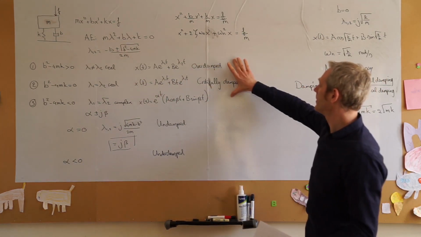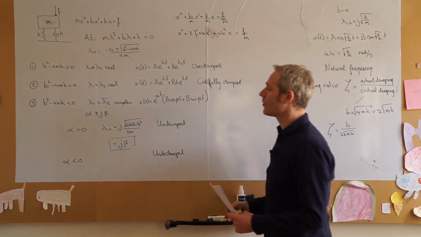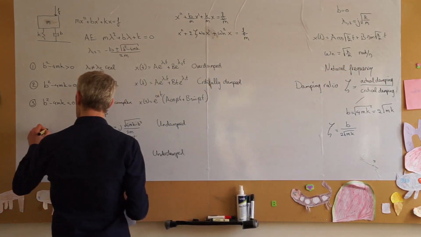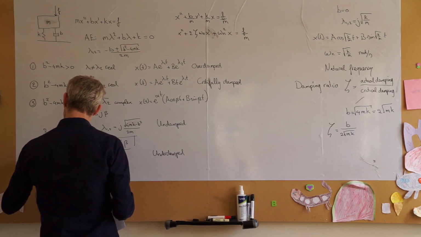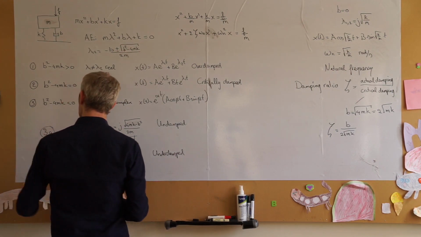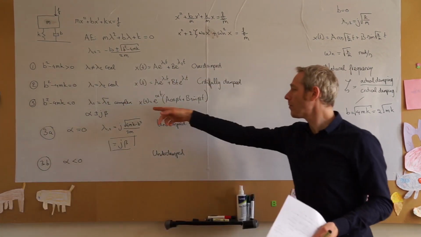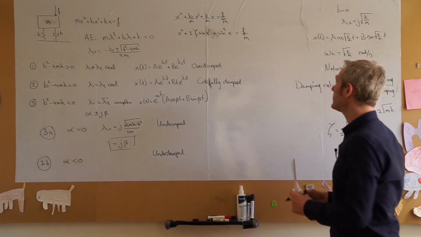And if we look at these, well, in essence 4 cases, we have 3a here and 3b here as 2 cases for the situation where we have complex roots and where we have oscillations.